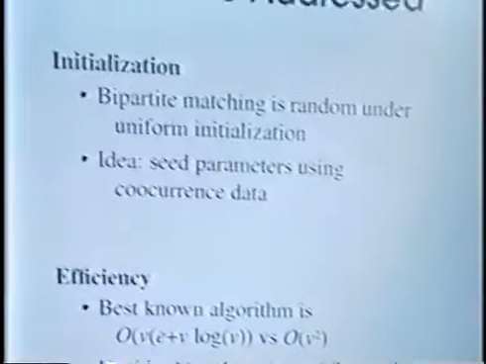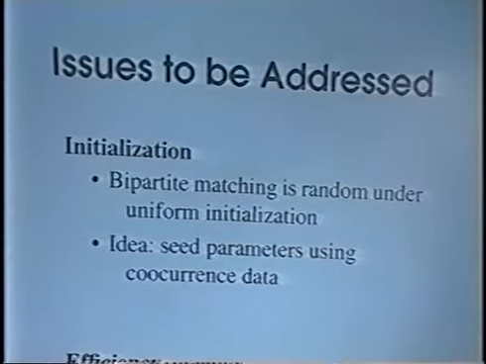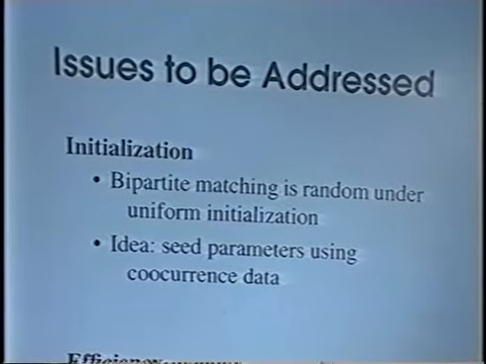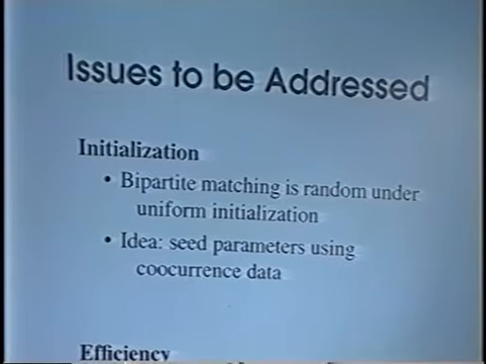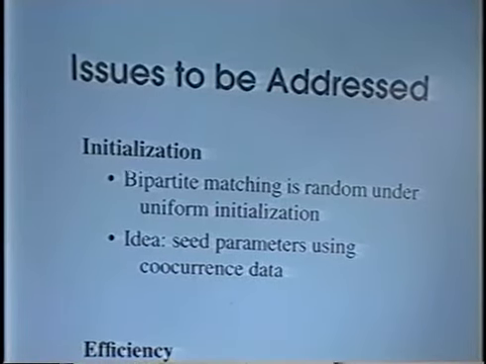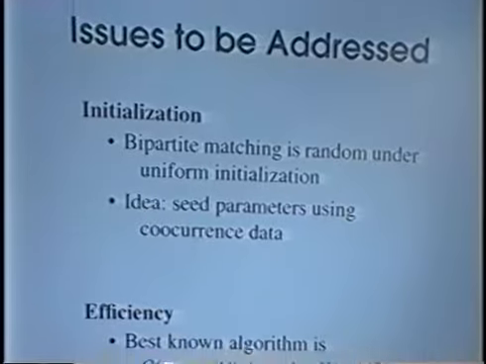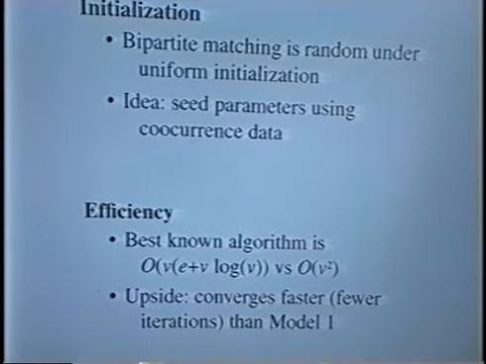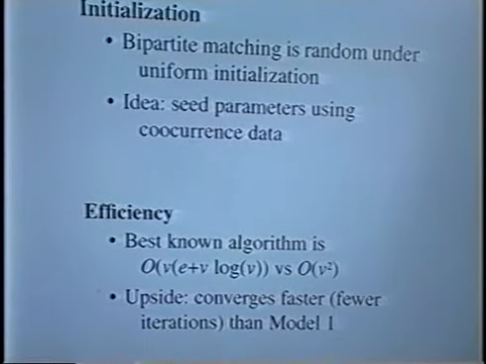But there are some issues to be addressed with this approach. Firstly is initialization, because maximum weight bipartite matching is meaningless if all the links have the same probability, because it's completely random in that case. So it's necessary to bootstrap the model somehow. The basic method you would want to use to do this is to use co-occurrence data in some way.